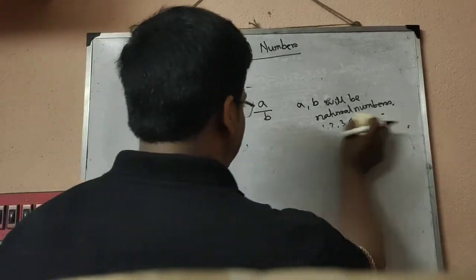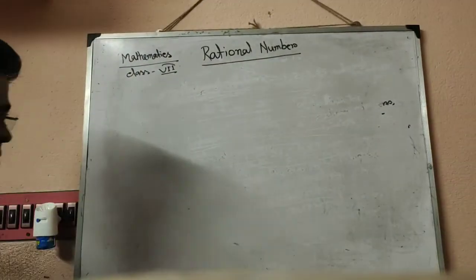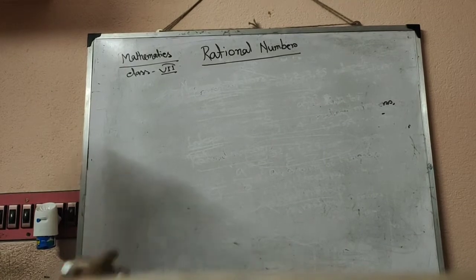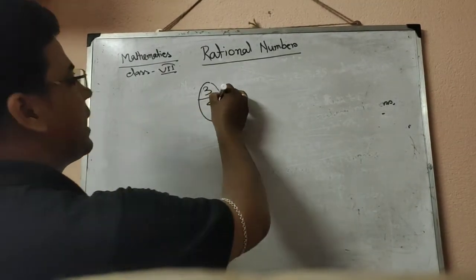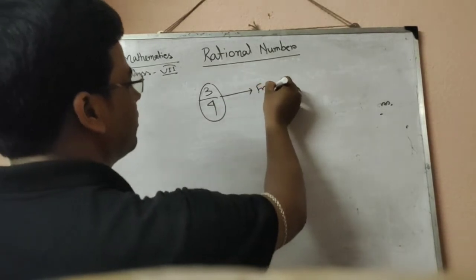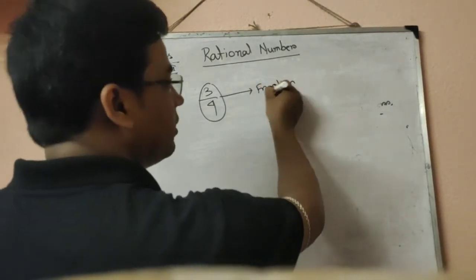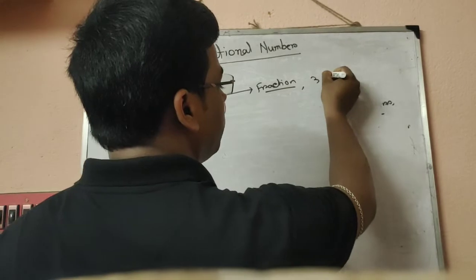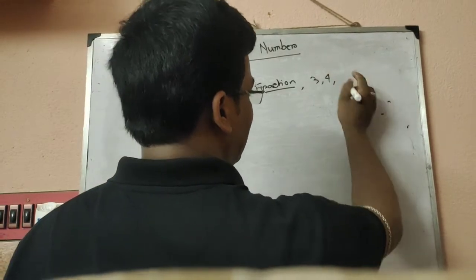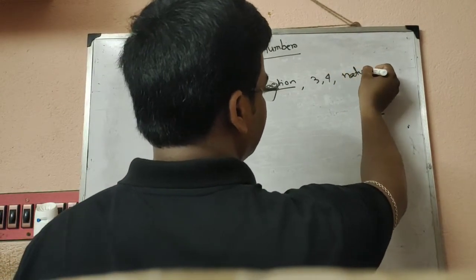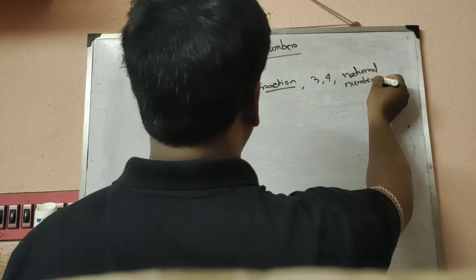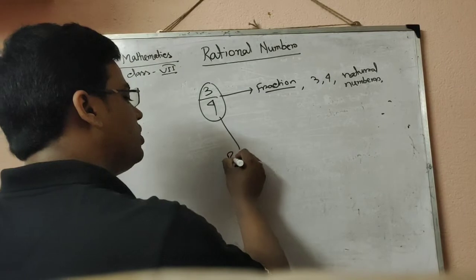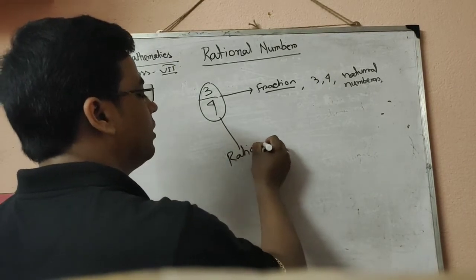Let us see some examples. 3 by 4. It is a fraction. Why? Because 3 and 4 are natural numbers. 3 by 4 is also a rational number.